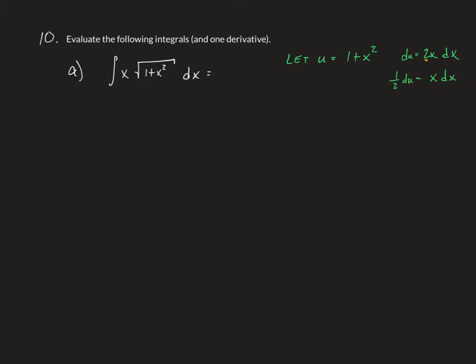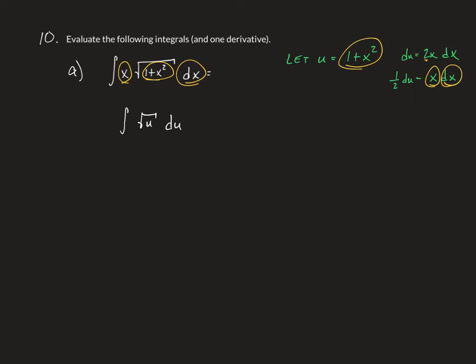And now I have all of the components that I needed. I have my x, I have dx, and I have 1 plus x squared. So now I can rewrite this as the integral of the square root of u, because I let u equal that interior function, du, and remember when I put that du there, that and the 1/2 represents all this stuff.